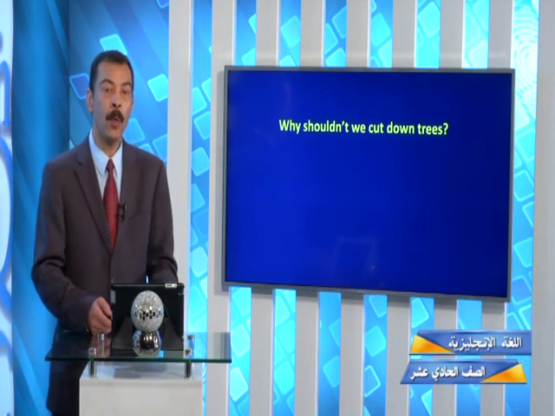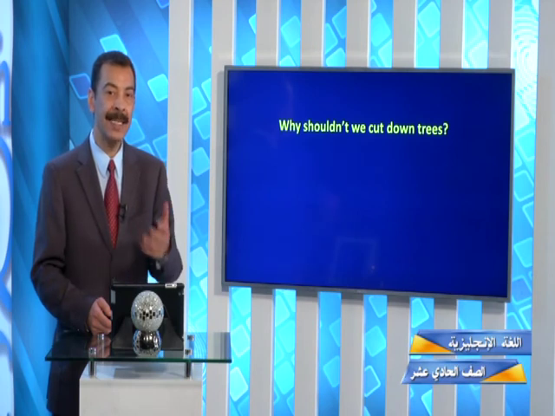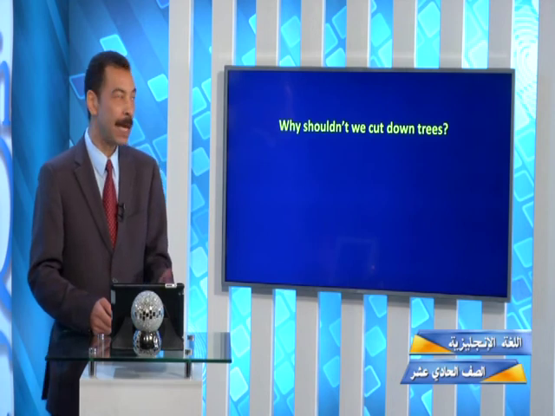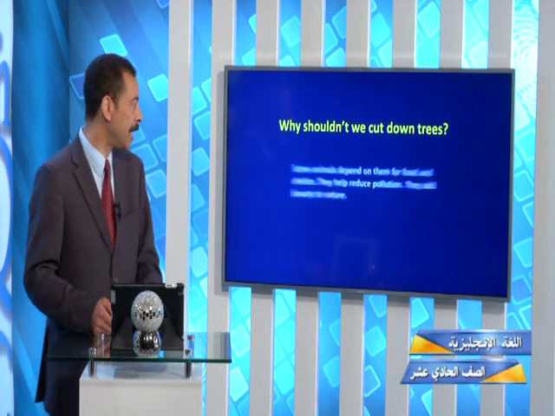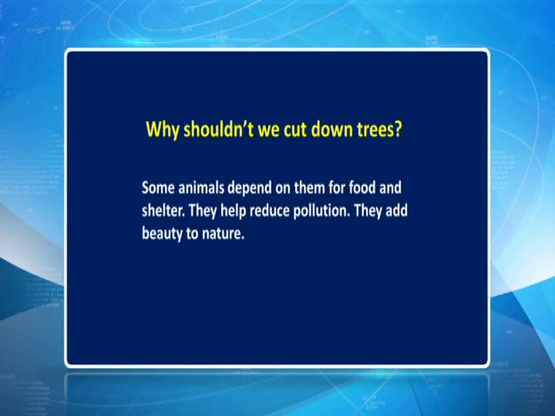In general, why should we protect forests and not cut down trees? There are many reasons for that, but as an example, we can say some animals depend on them for food and shelter. If we cut trees, it means we cut the source of food for some animals.